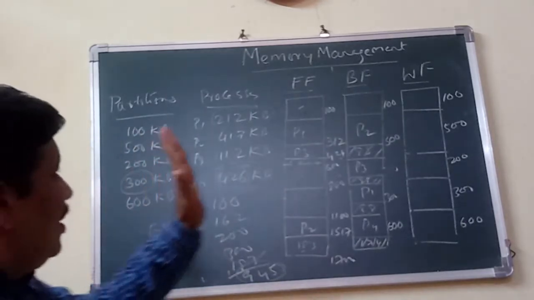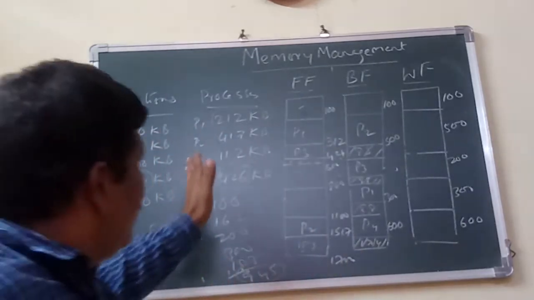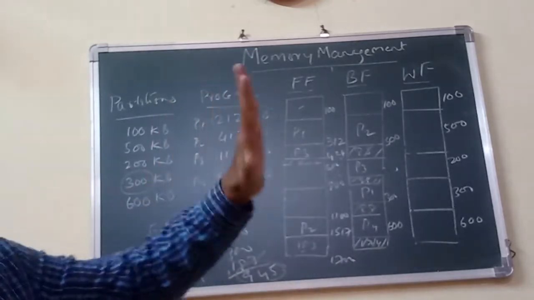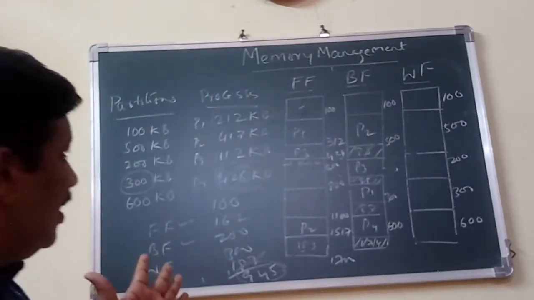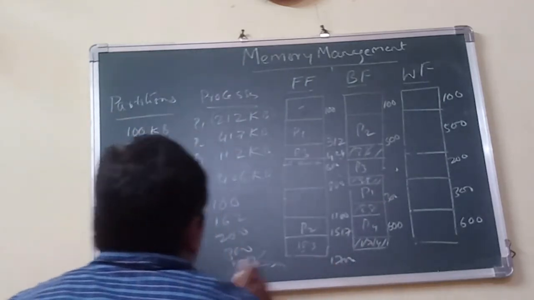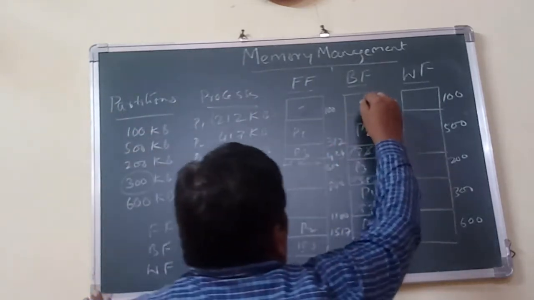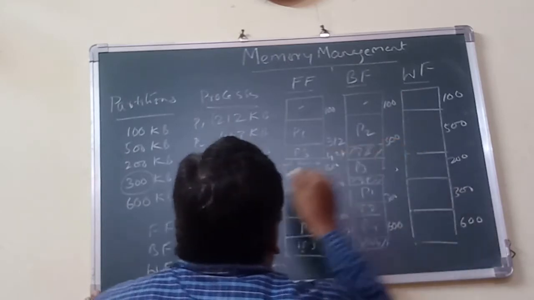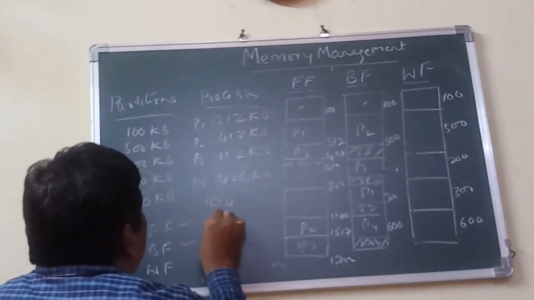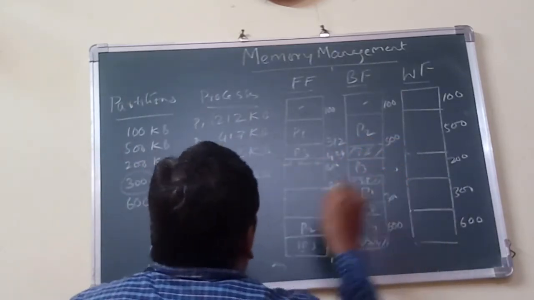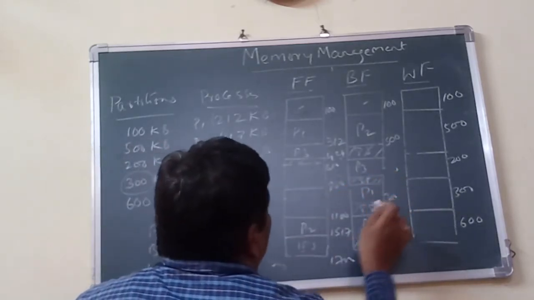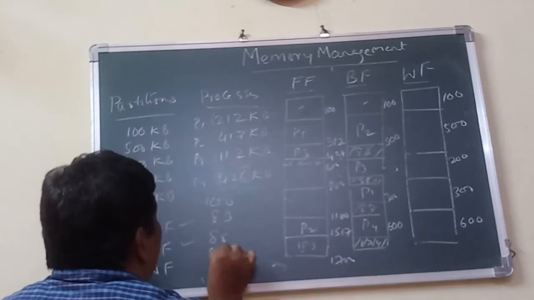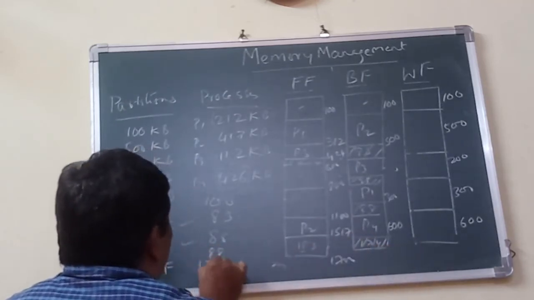So now using best fit, we are in a position to allocate memory for all the processes, right? So then what is the wastage of memory? If we calculate, see 100 kilobytes here, 100 plus 83 here, then 88 here, 88 here, then here it is 174.